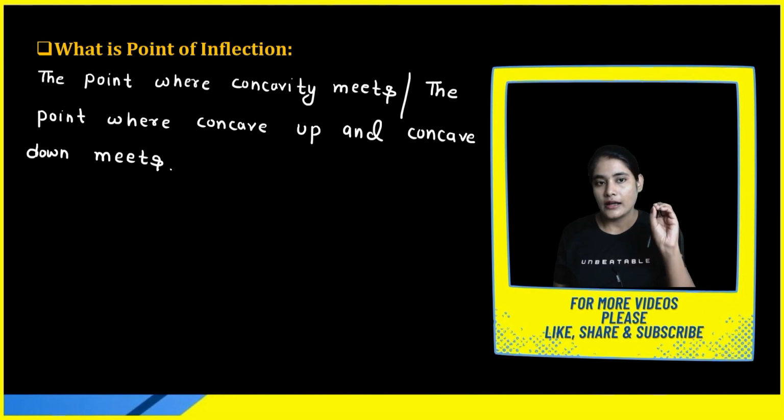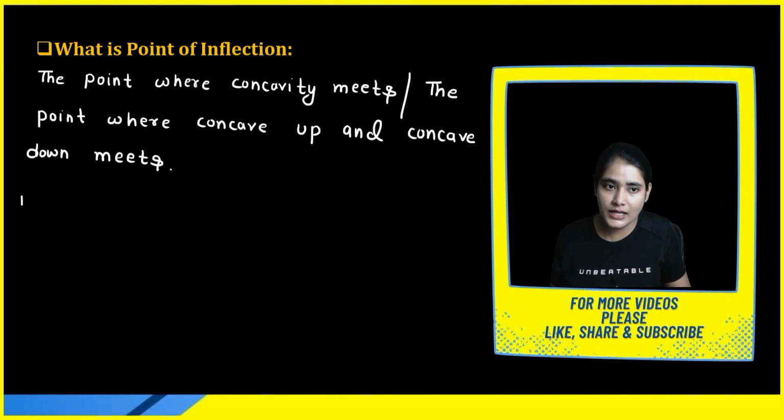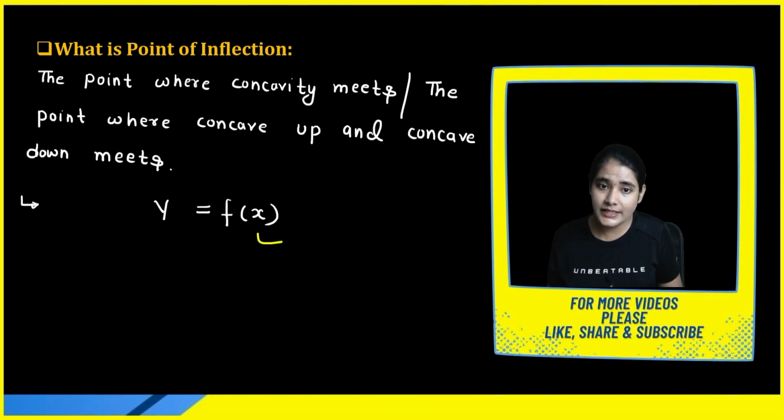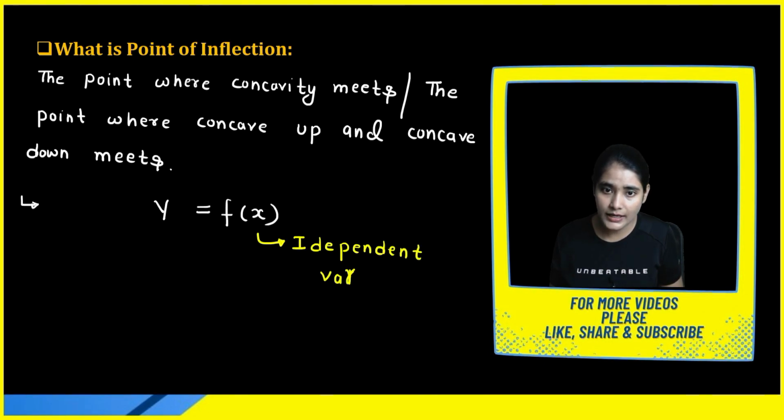Let us consider we have any function. I am going to consider a single variable function: y is equal to f of x. When you observe this function, x is the independent variable, and y is the dependent variable.